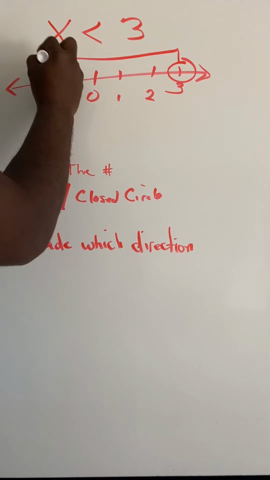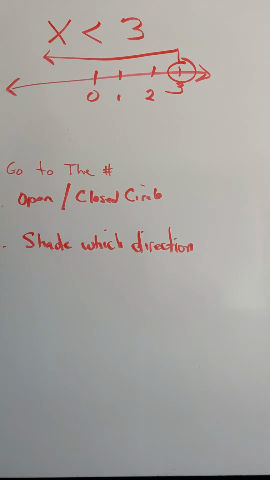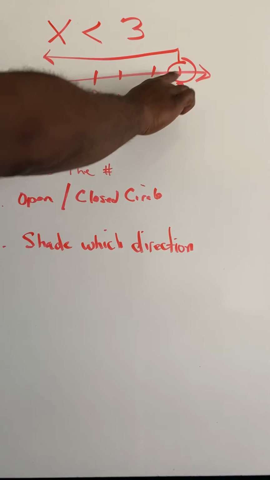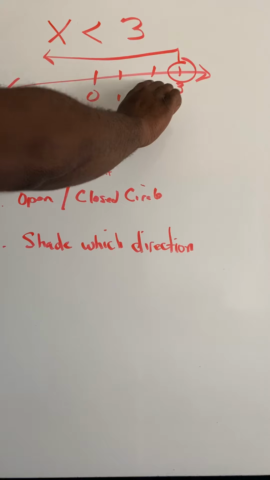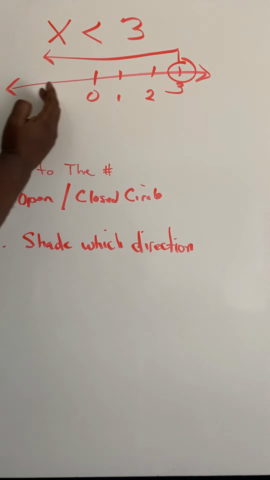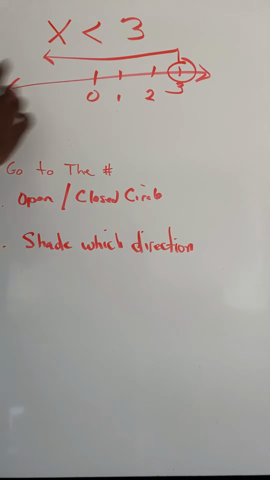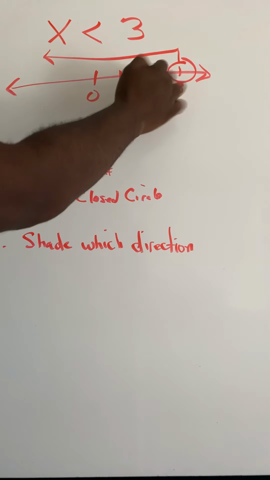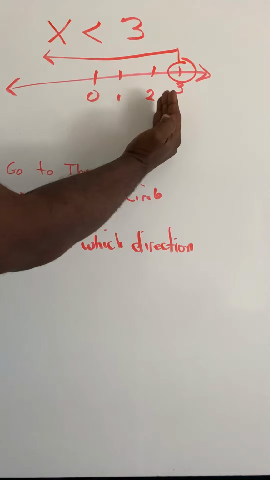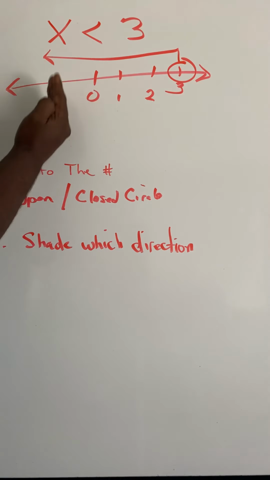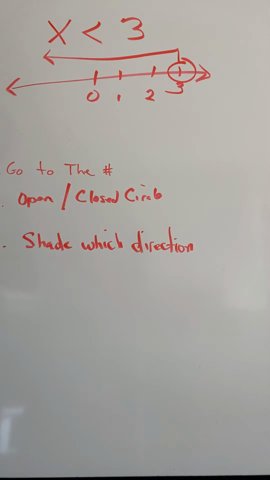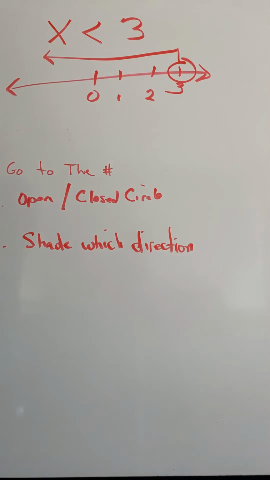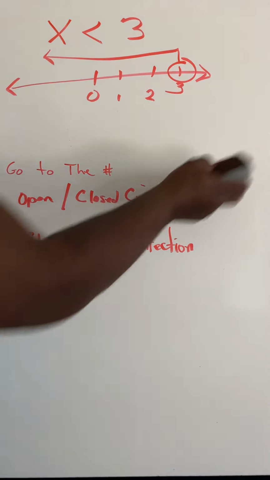We would shade that way. Now, what does that mean? That means that x can be not 3, just 2, 1, 0, and any negative number. But it does not include 3, otherwise it would be a closed circle. So this is an open circle, does not include 3; 2, 1, 0, -1, -2, -1,000, and so on. Any numbers from 2 this way, okay? Next one.